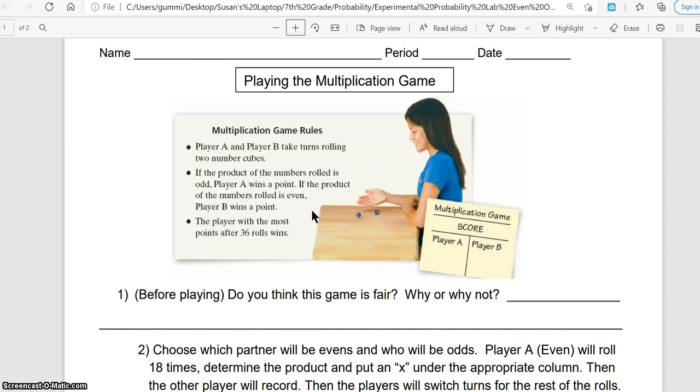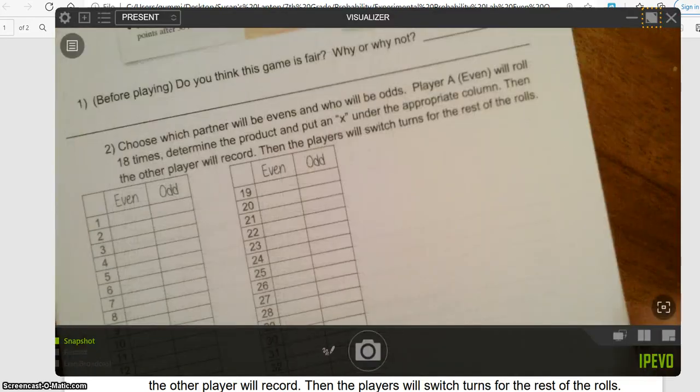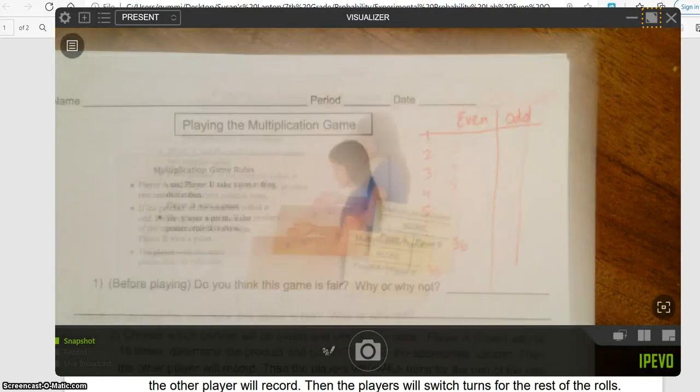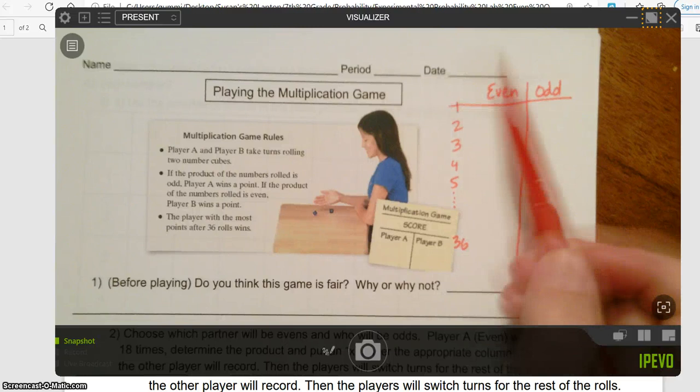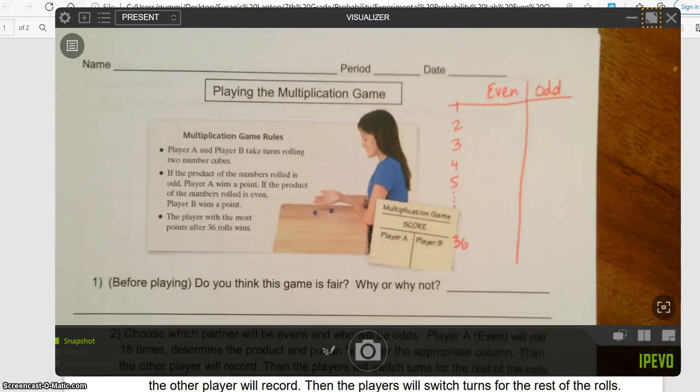Okay, so on your piece of paper, choose here if you want to be even or odd. If you want to be even, just put your name above even. If you want to be odd, put your name above odd. Okay?